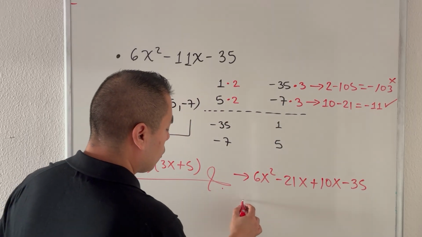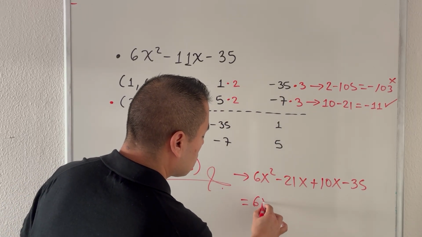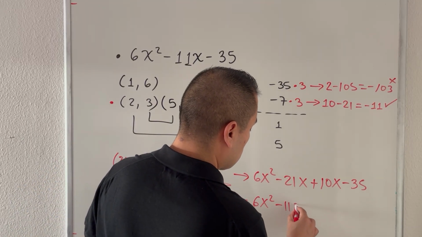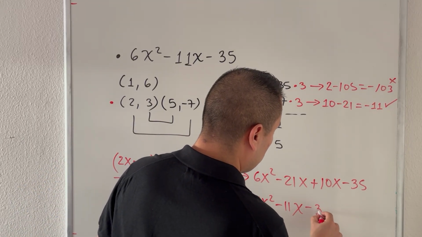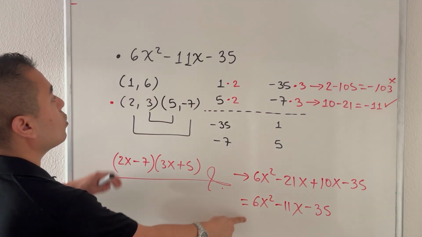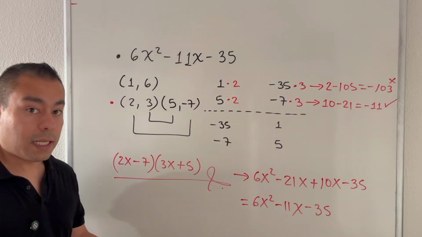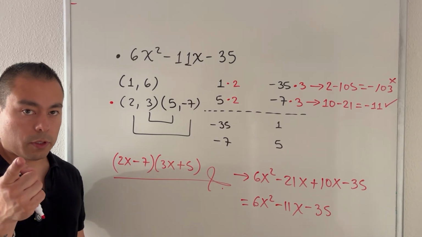And now by like terms, we have 6x squared minus 11x and minus 35. And if you see, this expression is exactly what we have over here. So this result is correct. So that's it. We continue with example number 2.